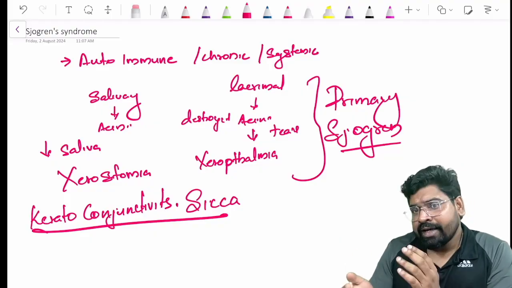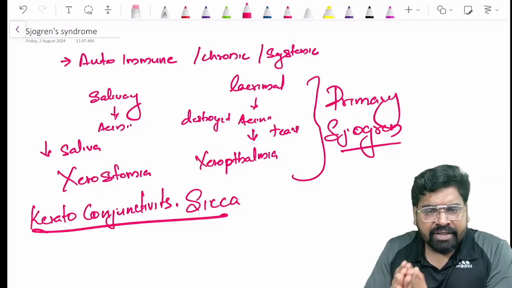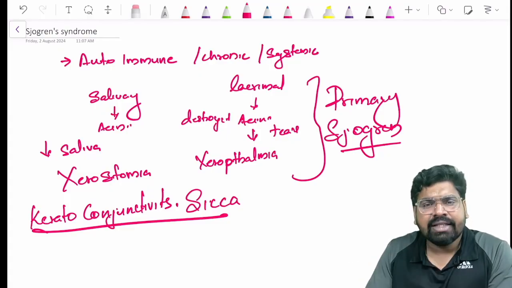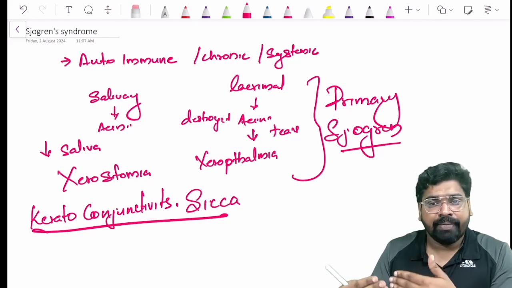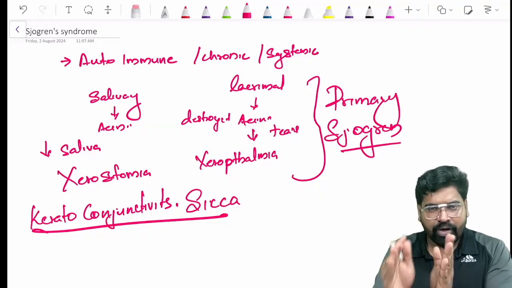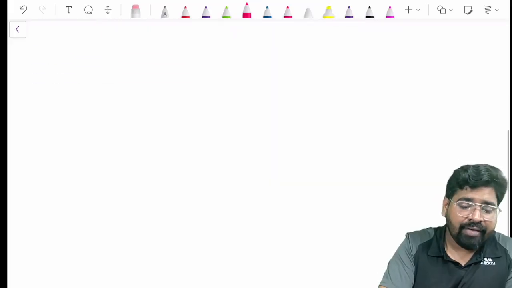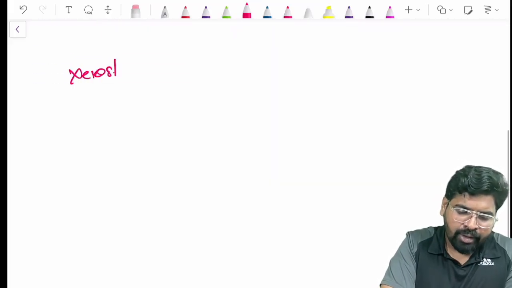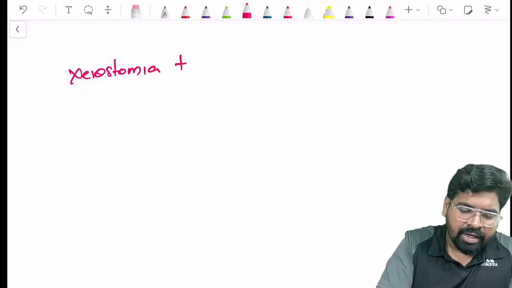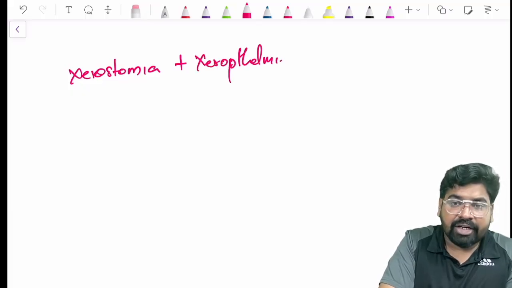But we say it can be systemic also. Along with xerophthalmia and xerostomia, if you have any extraglandular symptom, it is secondary Sjogren. Xerostomia affects your salivary gland and xerophthalmia affects your lacrimal gland.